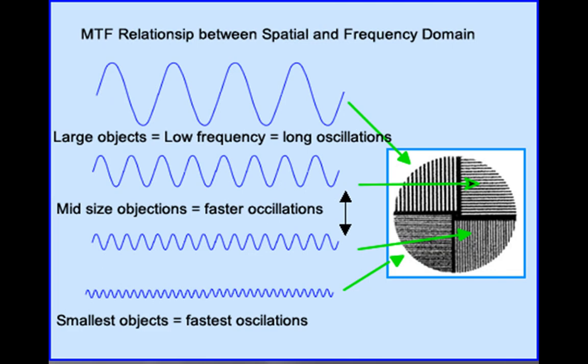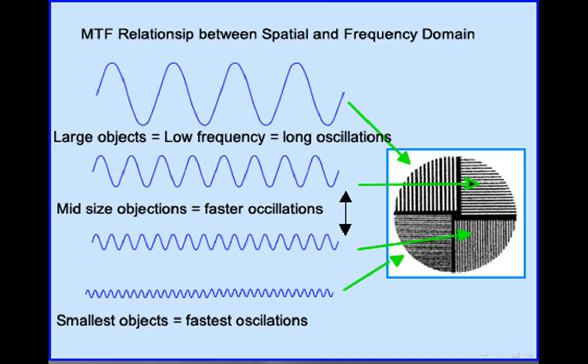Let us discuss together a very important meaning about transferring the spatial domain to the frequency domain. Here is our phantom. You can see here line pairs in this square. The number of line pairs per centimeter here is smaller.